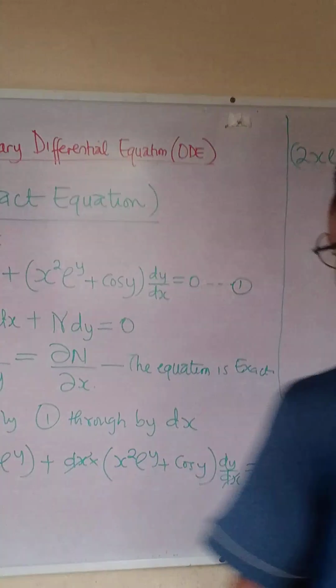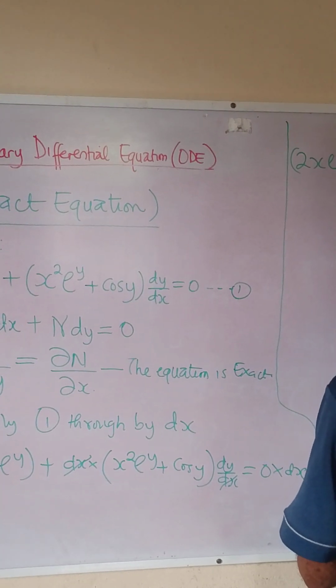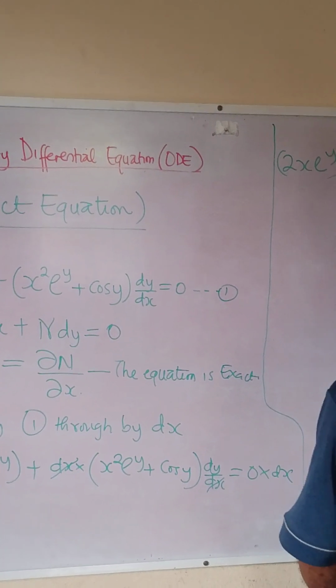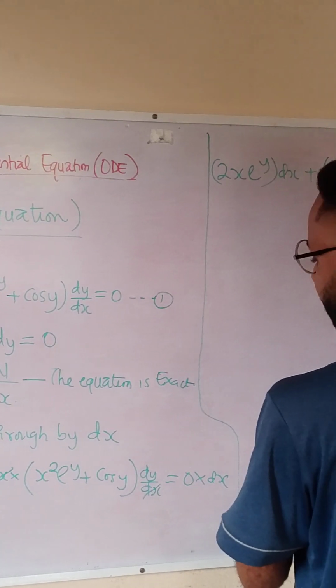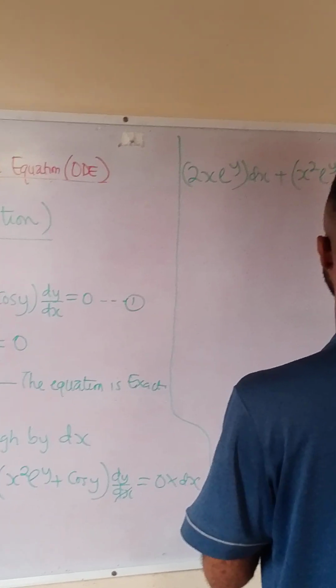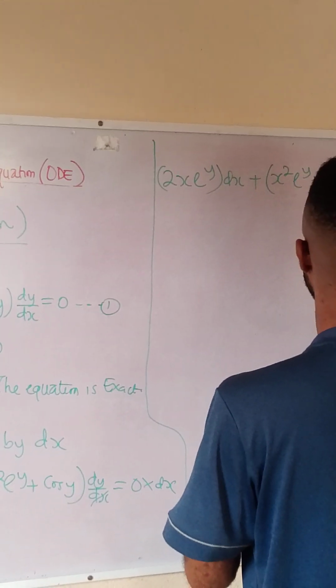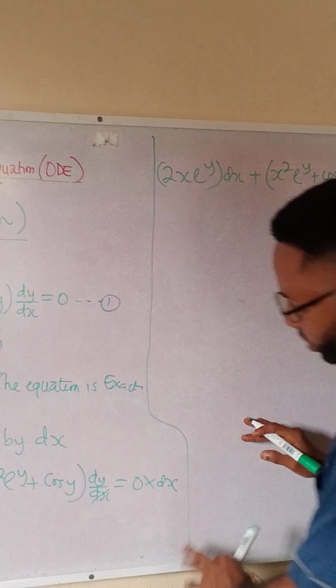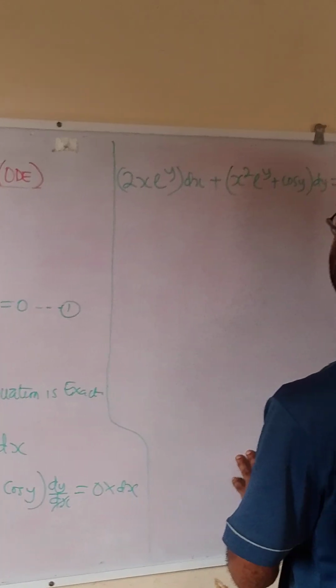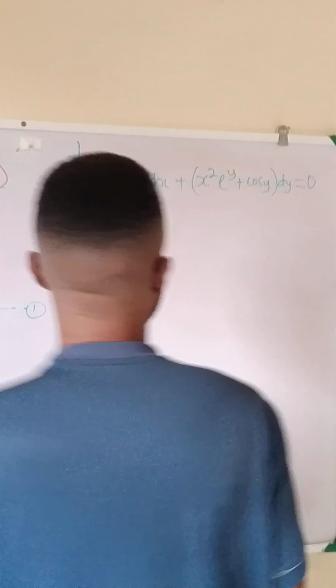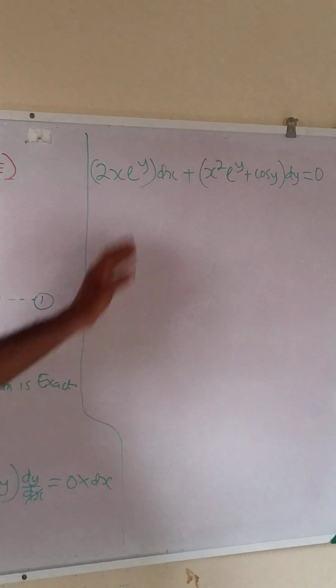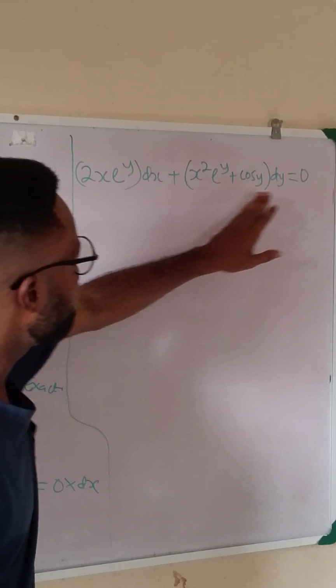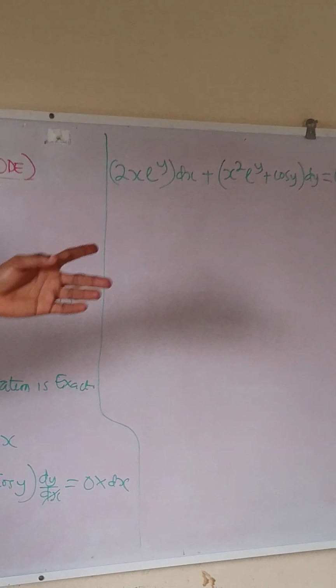And so we are going to have plus x squared exponent y plus cos y dy equal to, when we say 0 times x, that will give us 0. Okay, so we've been able to have this multiplying the x and this multiplying the y, and it's equal to 0.